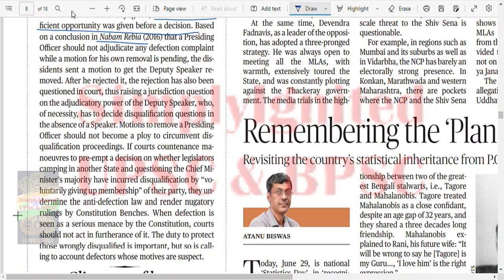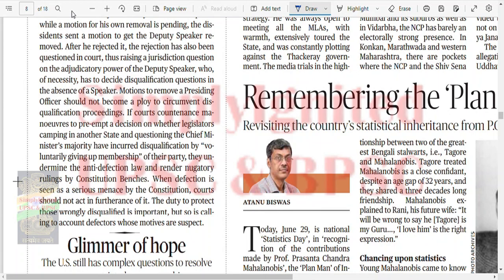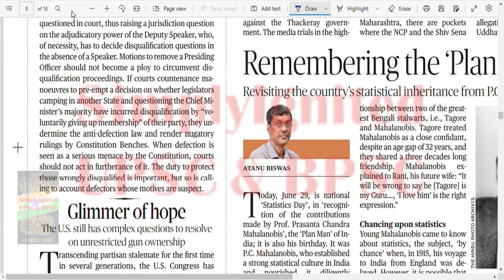The dissidents sent a motion to get the deputy speaker removed. After he rejected it, the rejection has also been questioned in court, thus raising a jurisdiction question on the adjudicatory power of the deputy speaker, who of necessity has to decide the disqualification question in the absence of the speaker. A motion to remove the presiding officer should not become a ploy to circumvent disqualification proceedings.